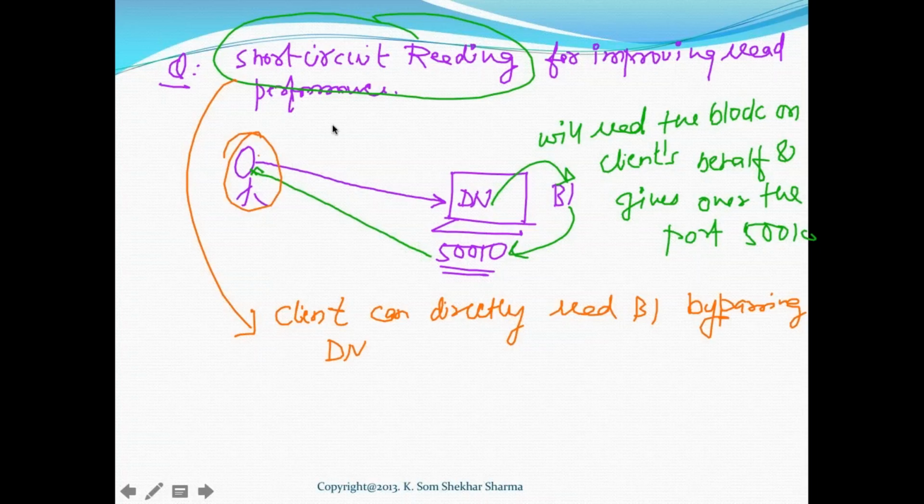So the client can directly read the B1 block of data without doing any of this, bypassing the data node and the 50010 port to improve the read performance. So this is known as a short circuit. So you're short circuiting, right? This is short circuit reading. For improving the read performance, generally you do a short circuit.